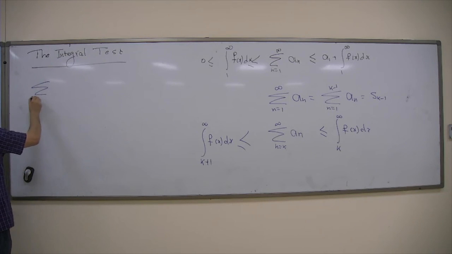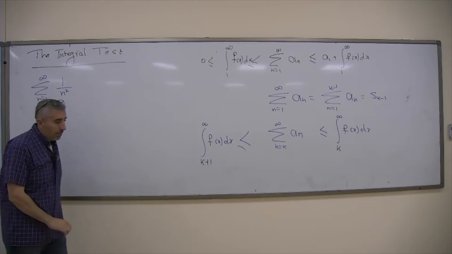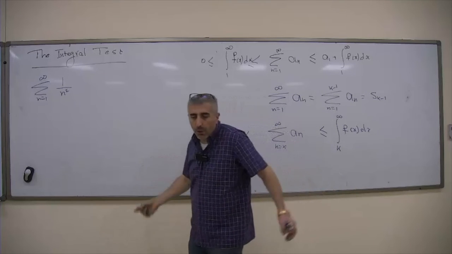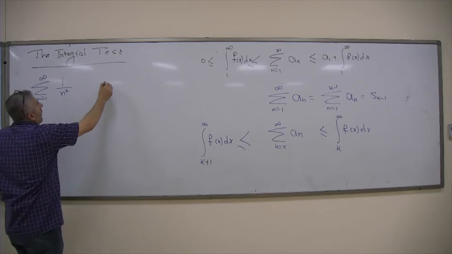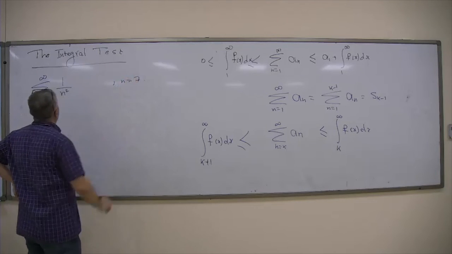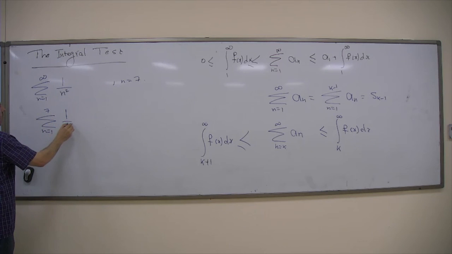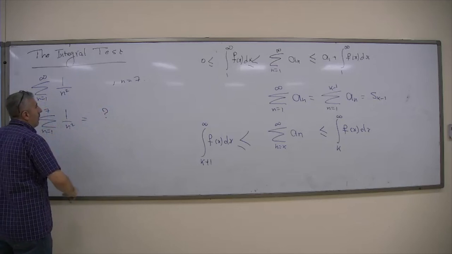So let's take the summation from n equals 1 to infinity of 1 over n squared. This is when your series is convergent. Otherwise, what's the point of approximating? So in this case, I can take n equals 7, and the summation from n equals 1 to 7 of 1 over n squared is what you approximate using a calculator.